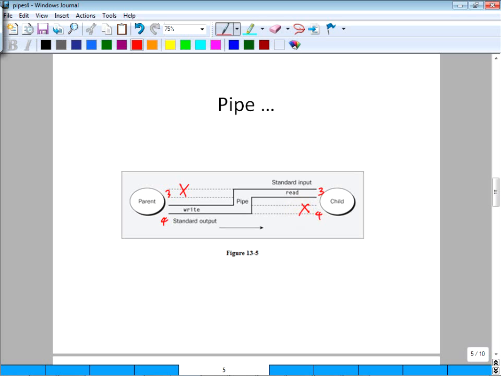I believe it's 3 and 4, not the other way around. Okay, so now the parent can simply keep writing to that pipe and the child can keep reading from that pipe. So that's how, after they become two processes, they can maintain data communication between them. This is one way. Pipe is a very efficient mechanism for processes that fall under the same family. It started from one parent.